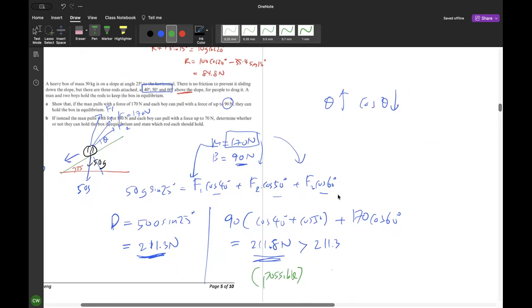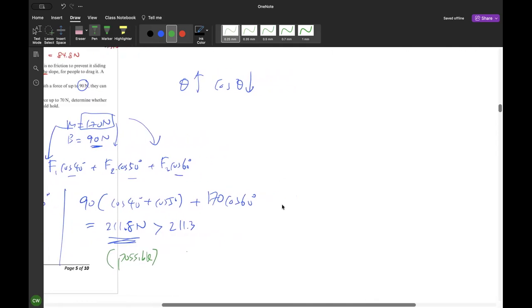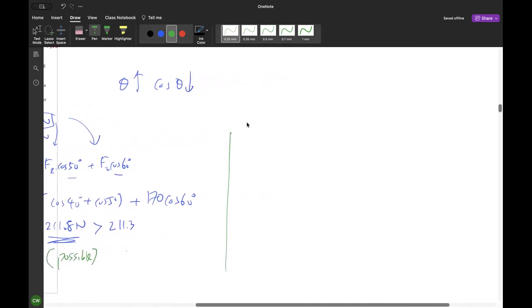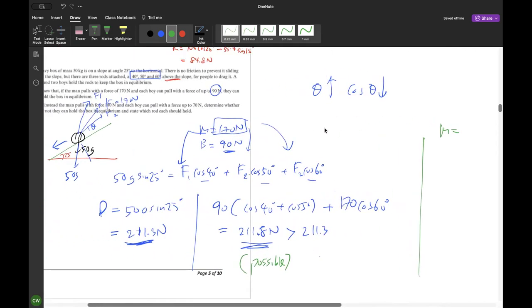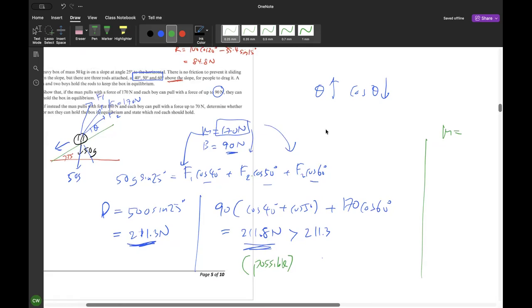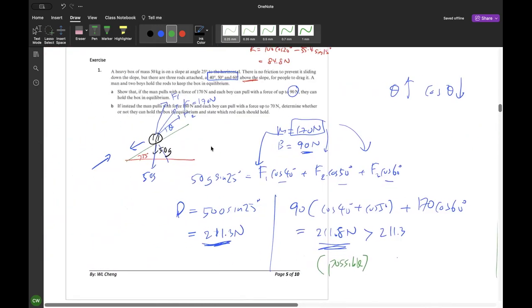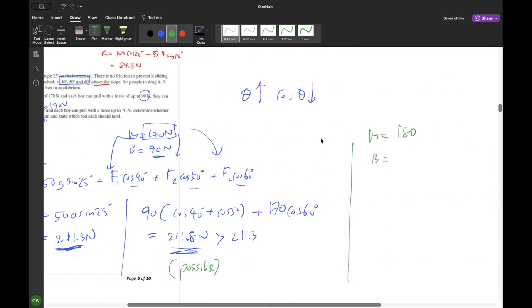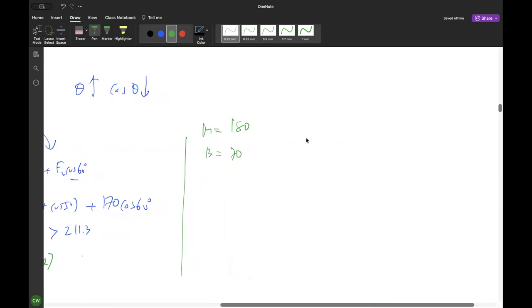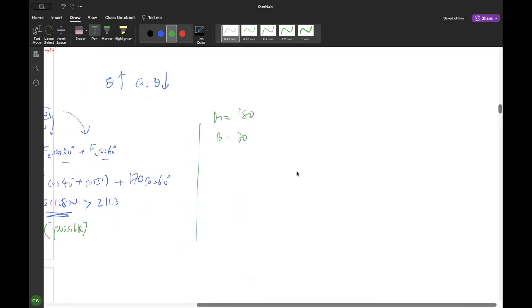Can hold or cannot hold? So if the man is 180 now and the boy is now 70, actually you have to study the different combinations.